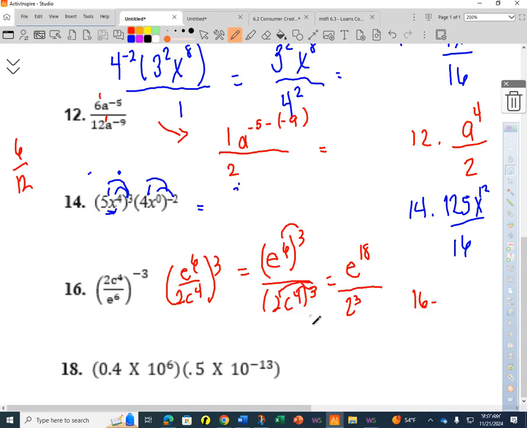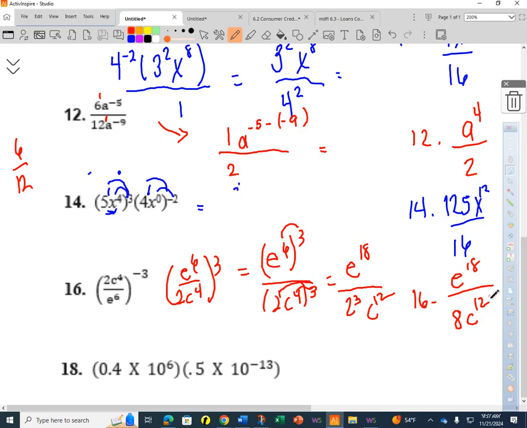Right, so be careful because that 4 only goes to the c, not the 2. That's why we keep pointing out that the 1 is actually the exponent there. And then c to the 12. So for number 16, nothing to simplify in the numerator. 2 cubed on your calculator, you should find that it's 8c to the 12. Any questions for me?